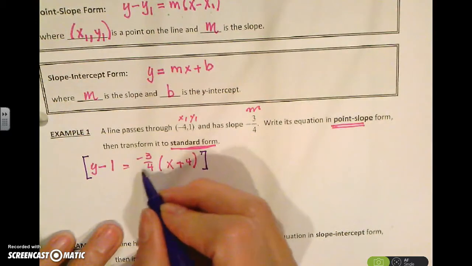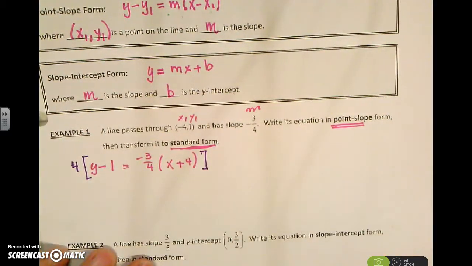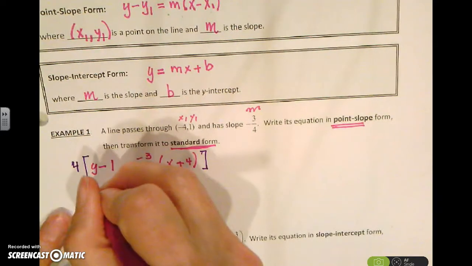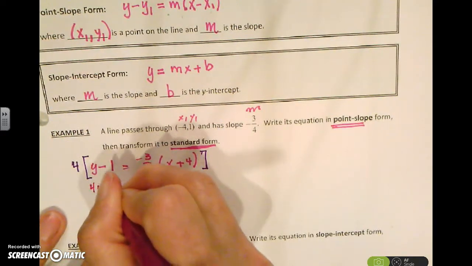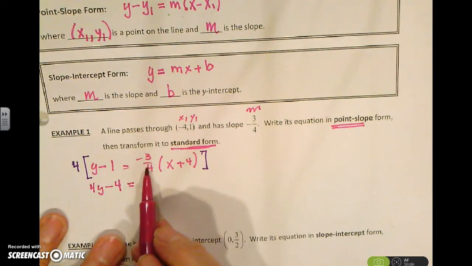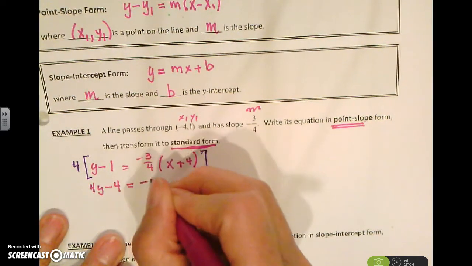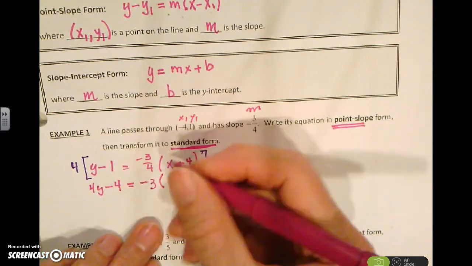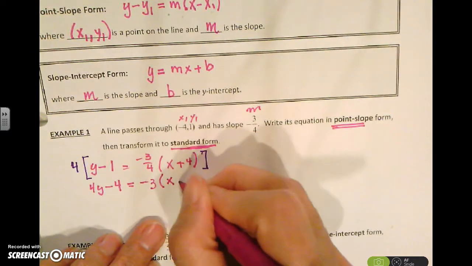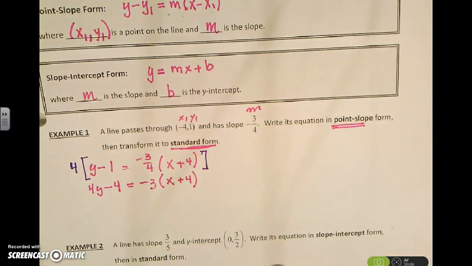So I have a denominator of 4, so I'm going to multiply through all my terms by 4, and that's going to give me 4y minus 4 is equal to, when I multiply 4 times negative 3/4, the 4's cancel, and I'm left with negative 3. Now notice that this 4 is not going to move inside the parentheses. So it's just going to multiply to the front of it.